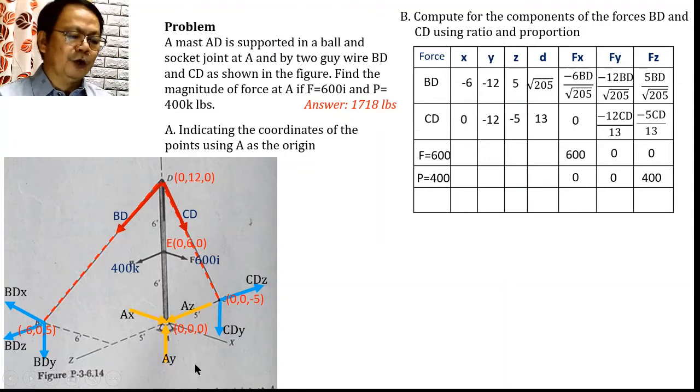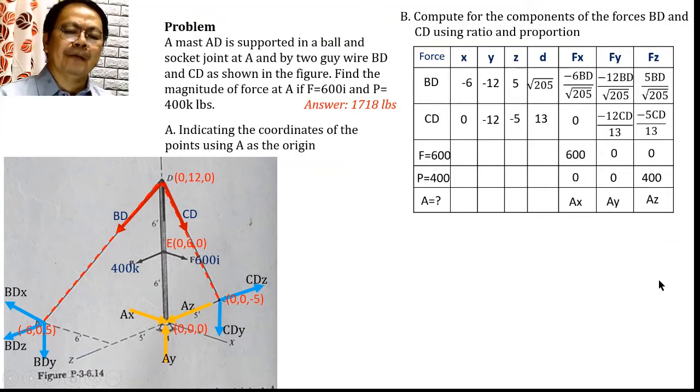And then if you are going to show the reaction at the support at A, since all of the components are assumed to be directed along the x, along the y, and along the z, these are all, okay, A is actually the unknown, the one you are looking for. This will be our AX, this will be our AY, and this will be our AZ.